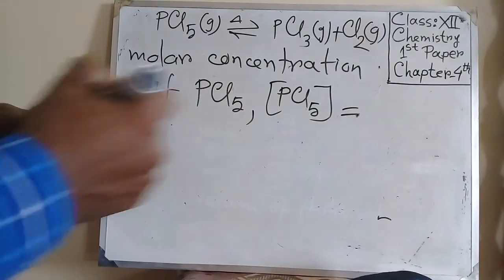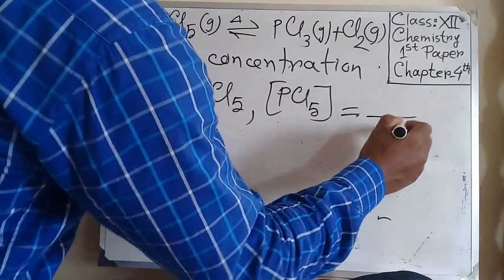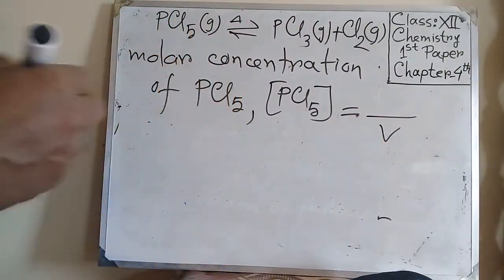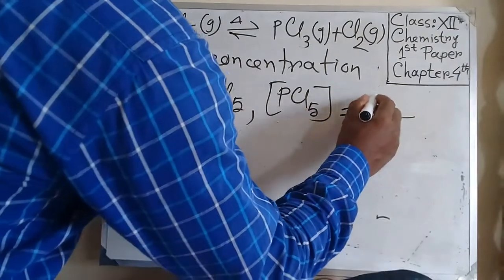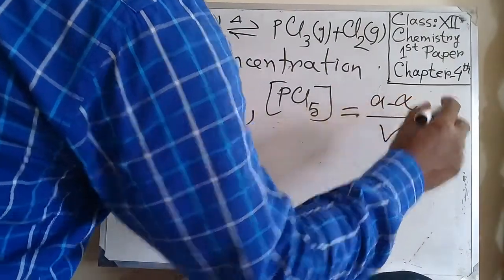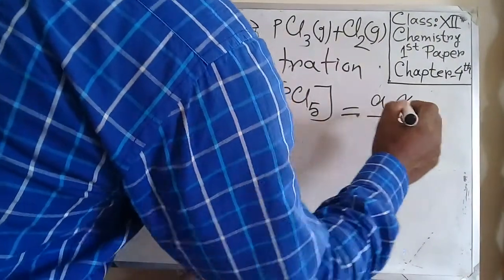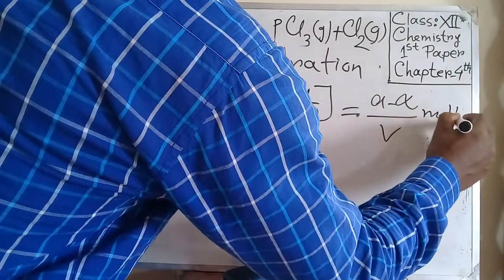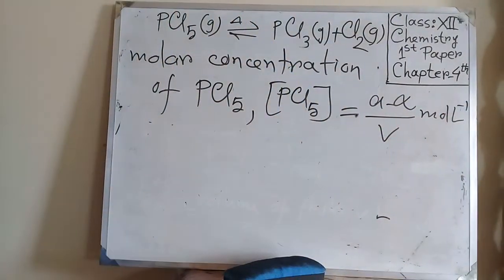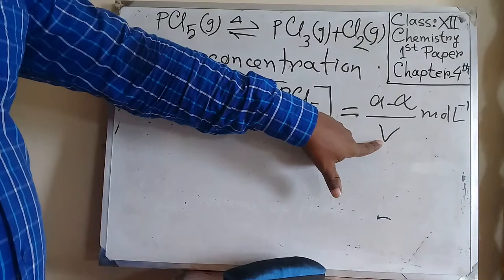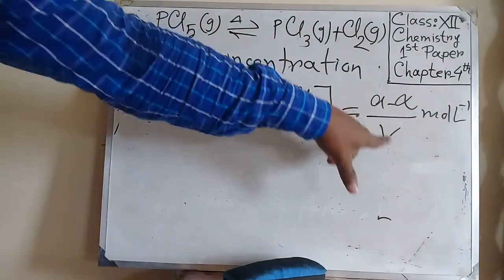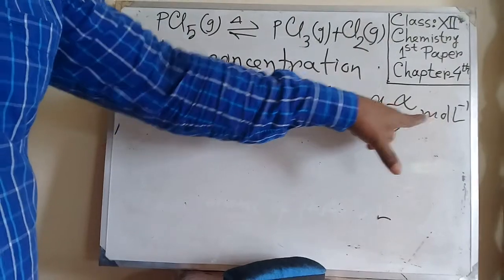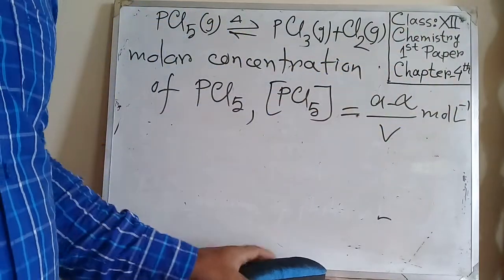What was the volume of the flask? b. So we divide its mole by the volume. So what was it? a minus alpha, and the unit is mole per liter. Volume is in liters and a minus alpha is in moles, so mole per liter, because we have divided mole by liter.